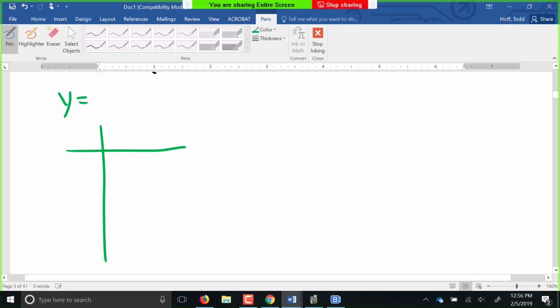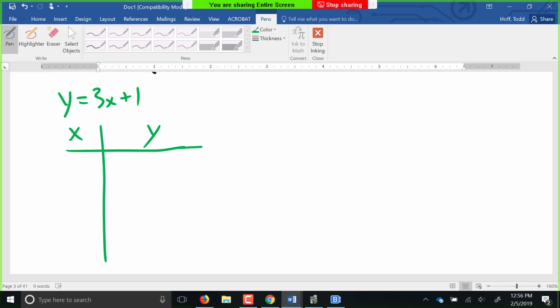So we have the equation y equals 3x plus 1. One way to display some of those solutions is with a table. I can pick values for x and find values for y. Now, typically my table would be symmetrical. It would only be out to about here, so I could fill in my numbers for y. I made it a little wider on that right side so that I got room to do some calculations.